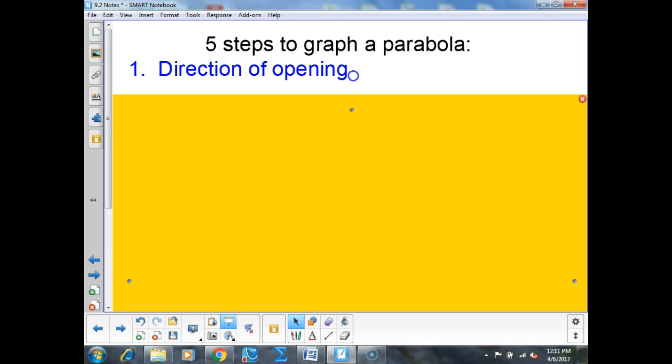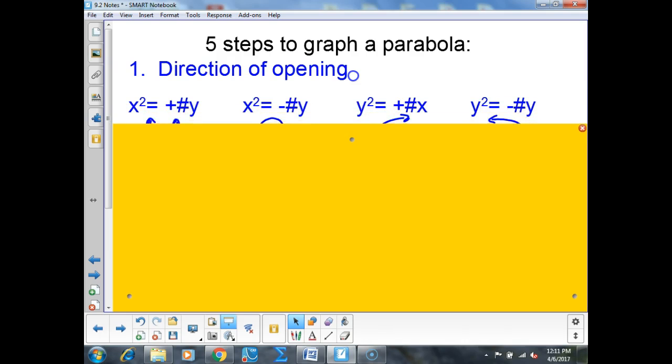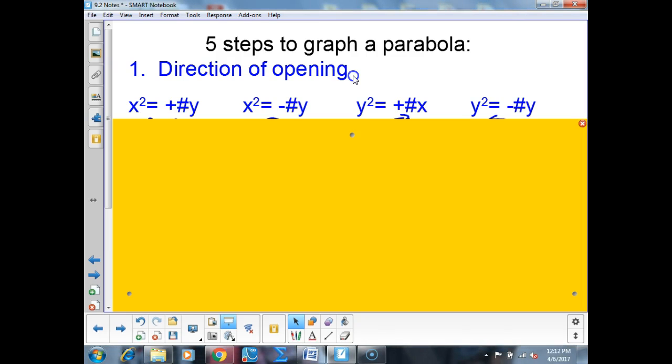Can't just say positive or negative on the y, because the y might be the squared one. So we're looking at the non-squared variable. So we got something that looks like this. We can either have x squared equals a positive y, x squared equals a negative y, y squared equals a positive x, or y squared equals a negative x.